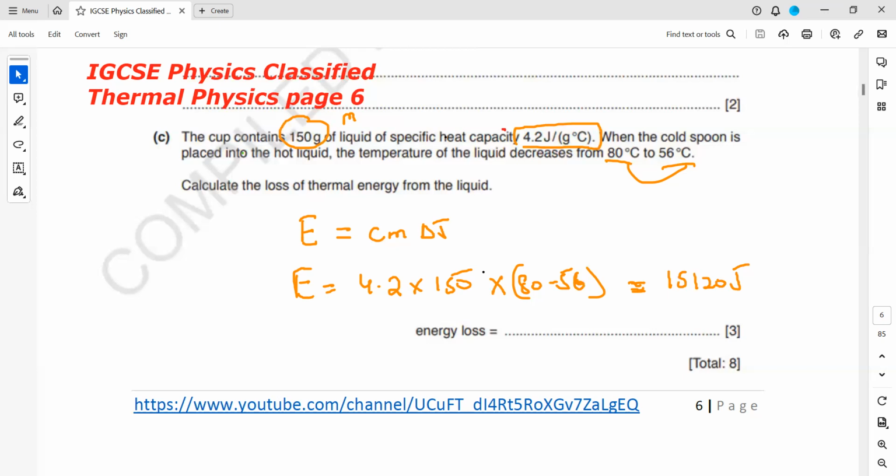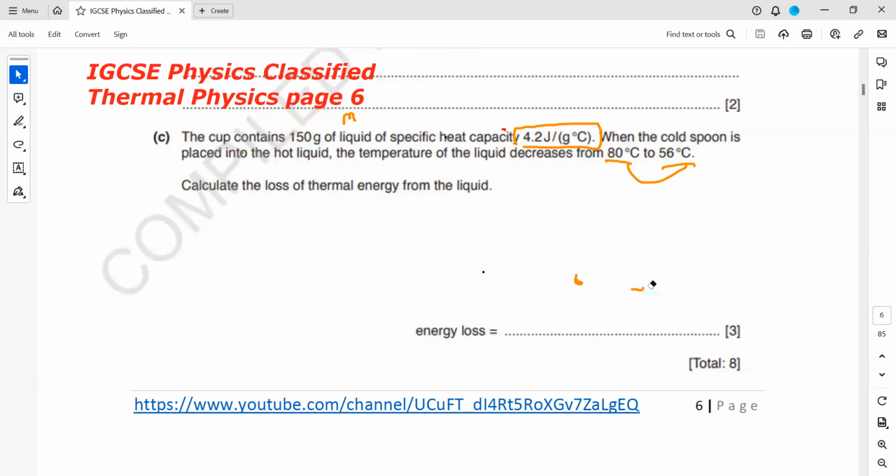In the marking scheme, usually rounded off answers are there, so you just have to multiply and you get the energy lost. You don't need to round off. You can write in scientific notation, but no need to round off.